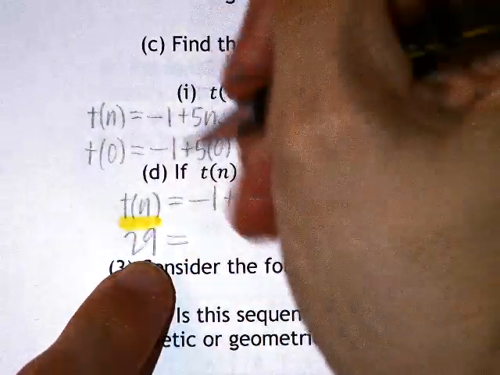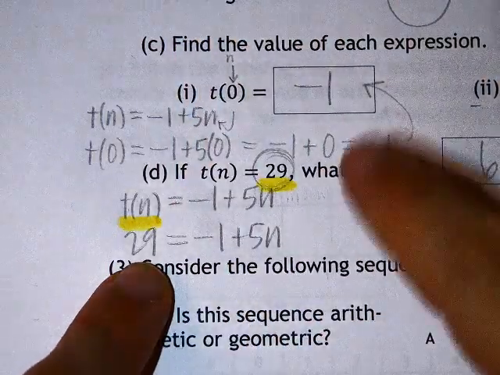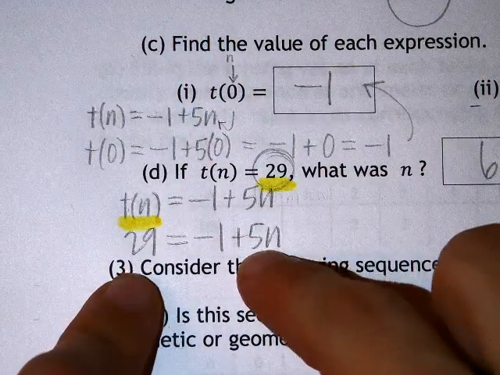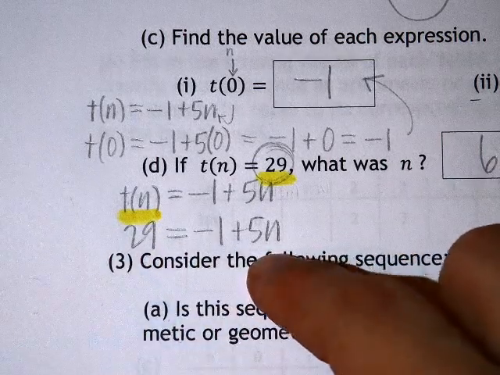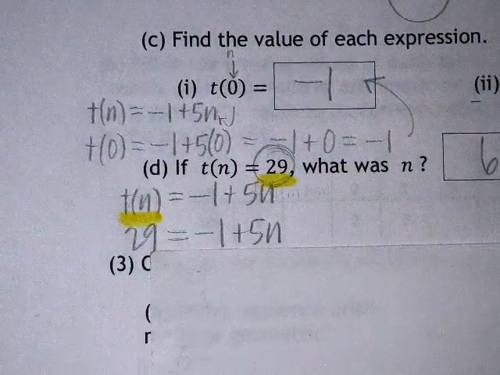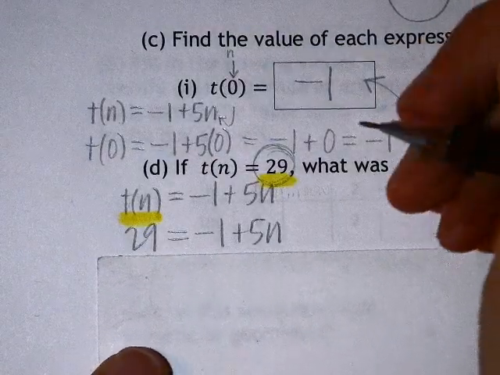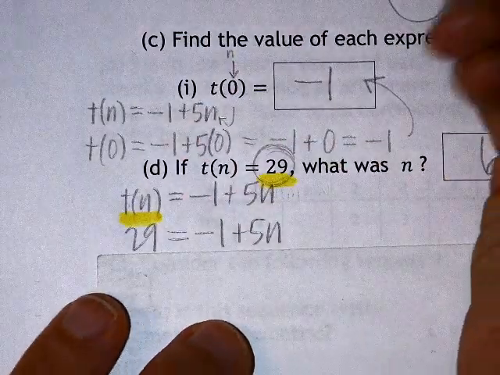And if I replace that part of the equation with 29, but I don't change anything else, because I don't really know what n is, so I can't substitute that, think of this and let your algebra brain kick in. This looks like an algebra equation. In fact, this looks like an algebra equation we can solve. Let's think of it as if we were getting n by itself. To get n by itself, I'd need to get rid of this -1.